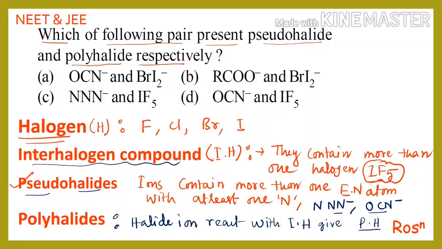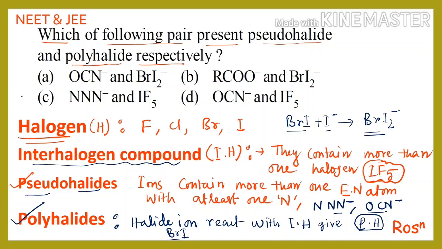I write in short PH polyhalide. Example, BrI. It is an interhalogen compound which reacts with I minus. This is a halide ion. It gives BrI2 minus. This is the polyhalide ion. This is the example of polyhalide ion.